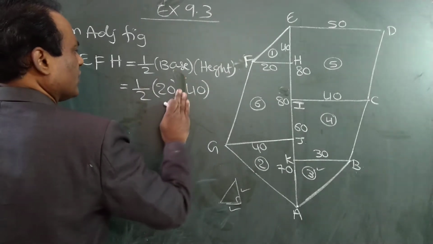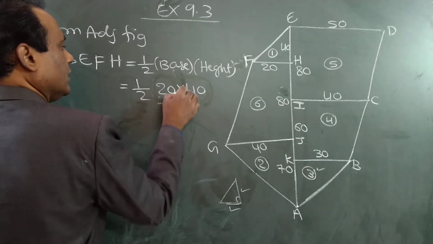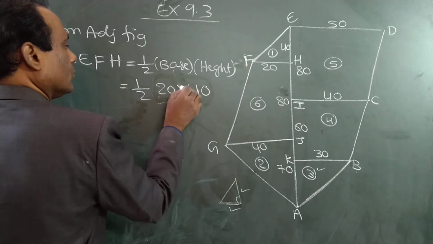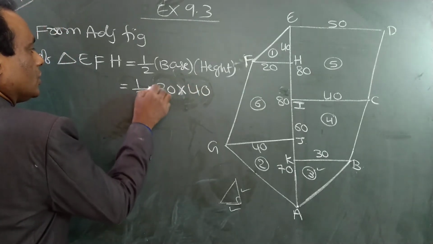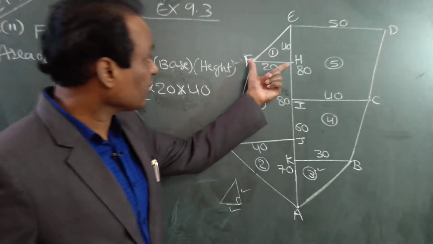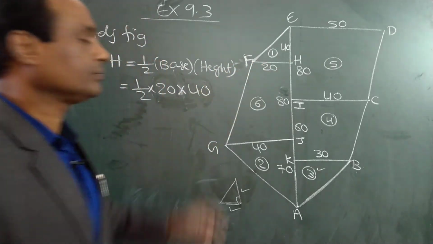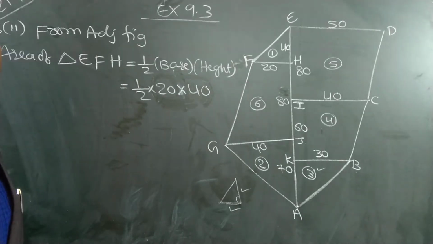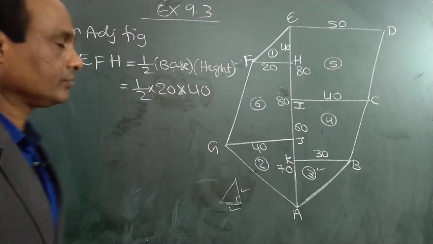Bracket means multiplication only, don't get confused about this. Half base 20, height 40. Half into 20 into 40.